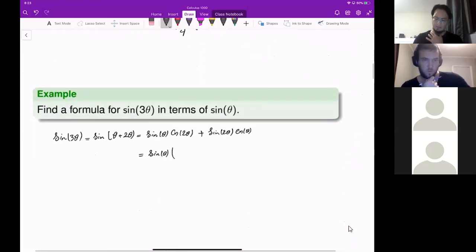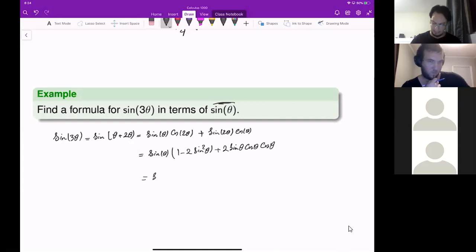Why? Because at the end, we want to write everything in terms of sine theta. So it will be 1 minus 2 sine squared theta plus, and this is 2 sine theta, double angle for sine, cosine theta times cosine theta.